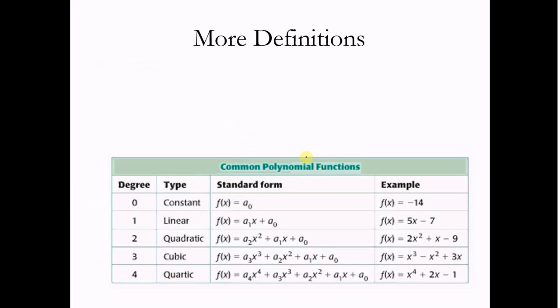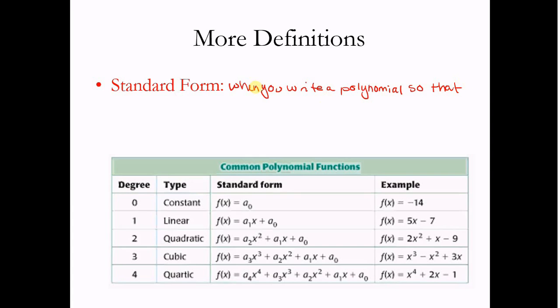So let's look at some more definitions. Standard form is basically a common courtesy, kind of like how we say please and thank you in English. In math, standard form is when you write a polynomial so that the exponents are in decreasing order.